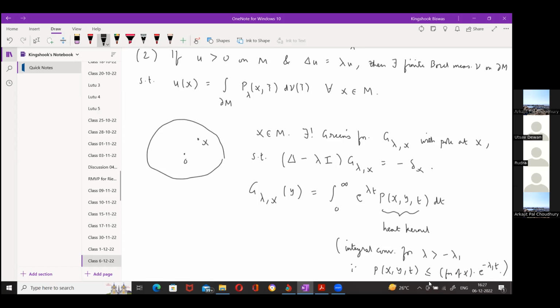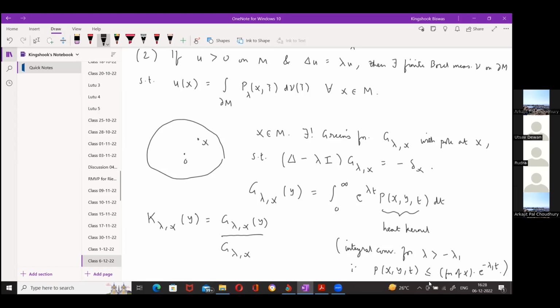So this is the Green's function G lambda x. This is positive, because the heat kernel is positive. Now what you can do is define a function k lambda x of y as g lambda x of y divided by g lambda x of 0.